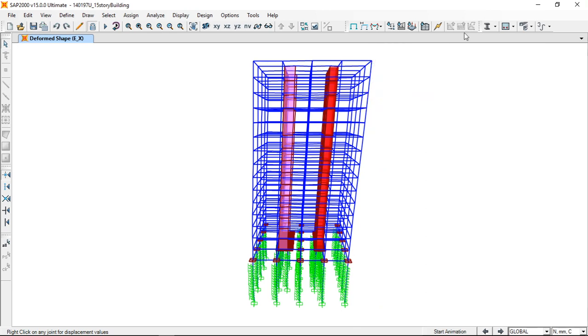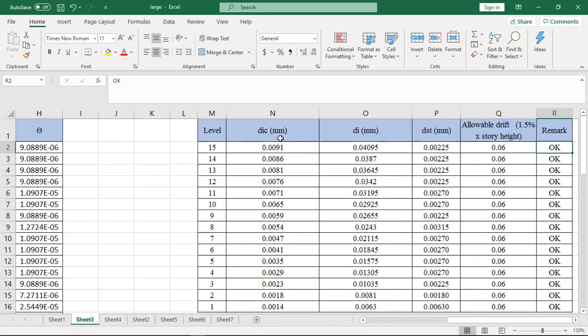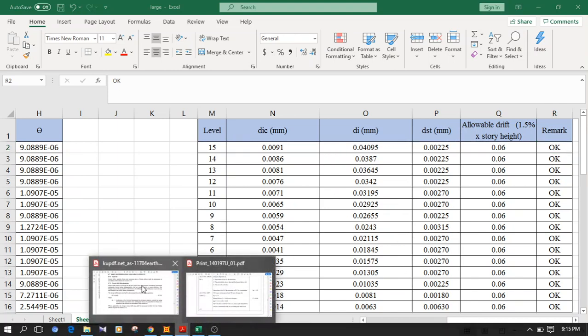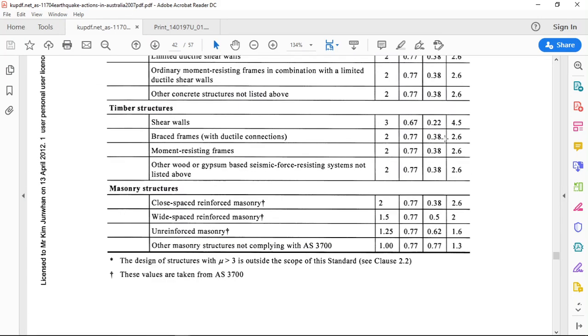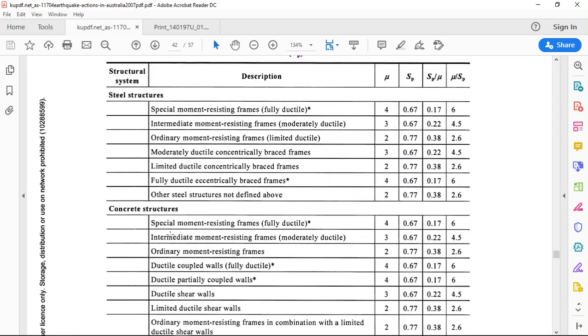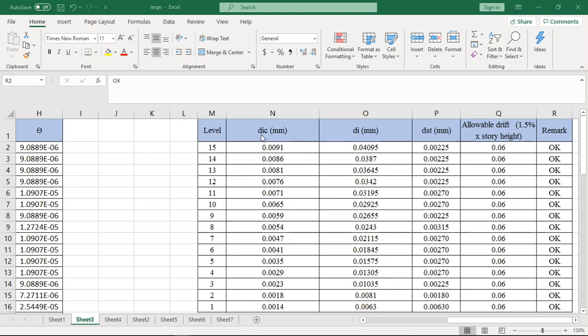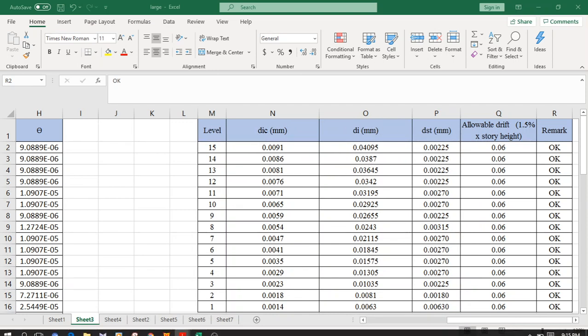The DIE value is the same at a particular level. You multiply it by mu over SP, which for intermediate moment resisting frames is 4.5, and you get the design deflections.